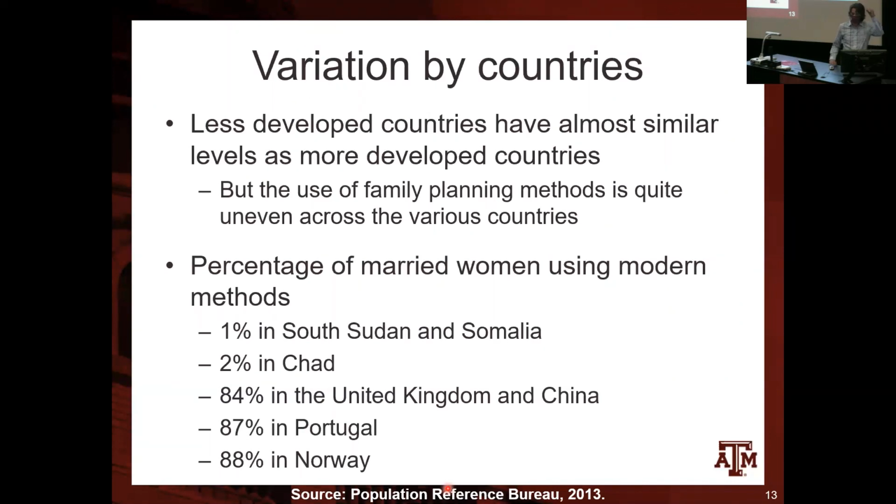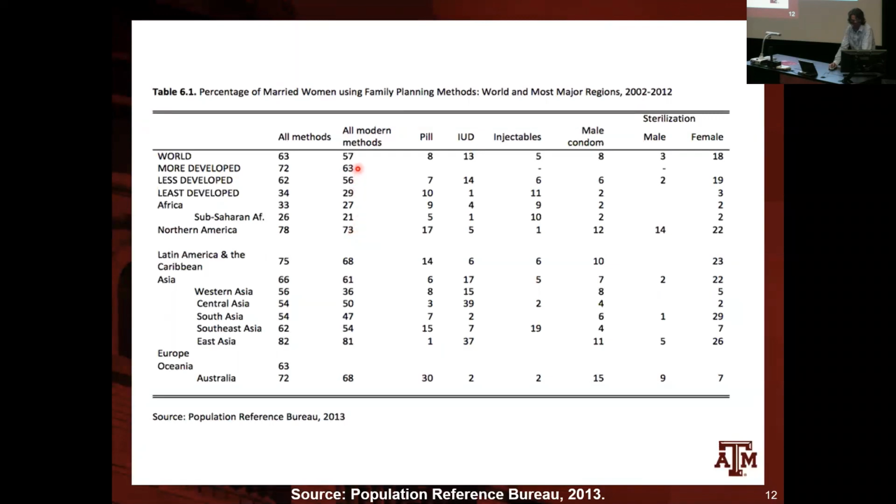So less developed countries have almost similar levels as more developed countries, but the use of family planning methods is quite uneven across the various countries. These numbers, 63 and 56, are similar, but if you look at specific countries, you start to see variation. Even in the continent of Africa, you see a drop compared to the overall percentage in less developed countries.